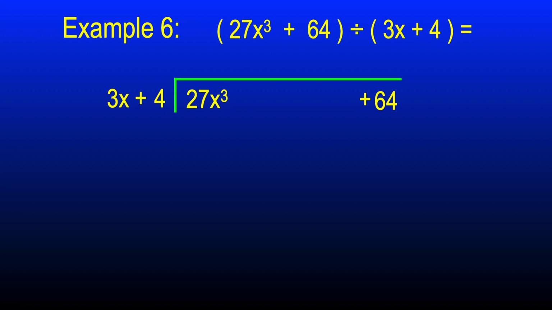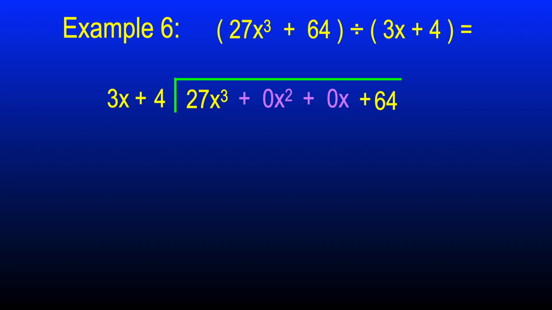Kasi x cubed, tapos x to the 0 power. So, dalawa ang nawawala. X squared at saka x. So, magsulat tayo. I-supply natin yung missing terms plus 0x squared. Yung pangalawa plus 0x. Then, divide.